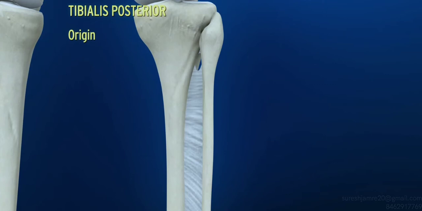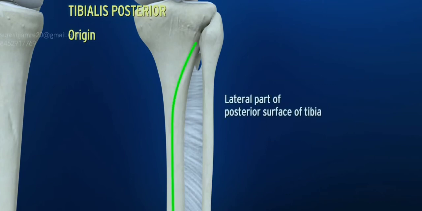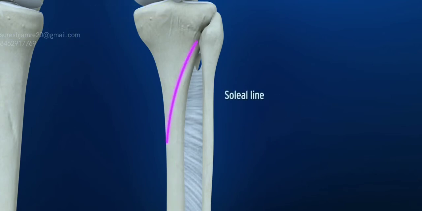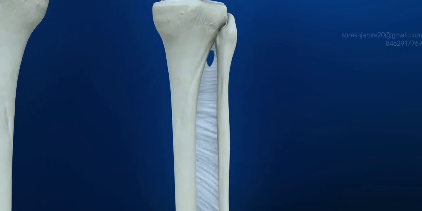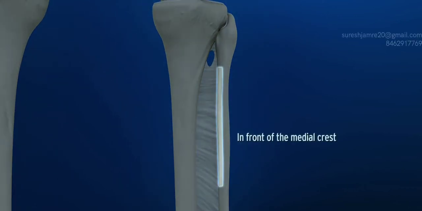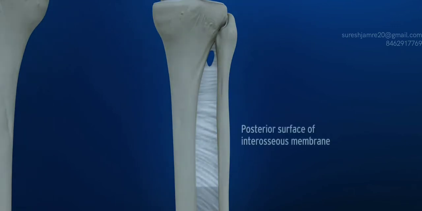Origin. It arises from the upper two-thirds of the lateral part of posterior surface of tibia below the soleal line. Posterior surface of fibula in front of the medial crest and posterior surface of interosseous membrane.